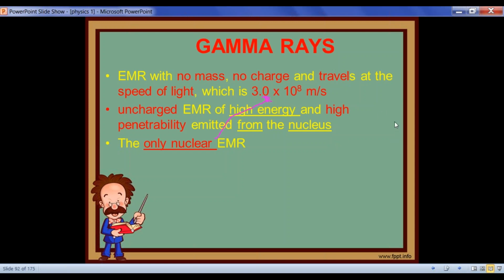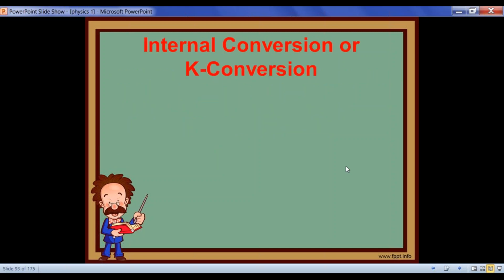So, any radiation that travels at the speed of light is considered as electromagnetic radiation. Yung ibang radiation or yung ibang particles na nagtatravel at different speeds, so pag iba po yung speed nila, it is considered as particulate type of radiation.